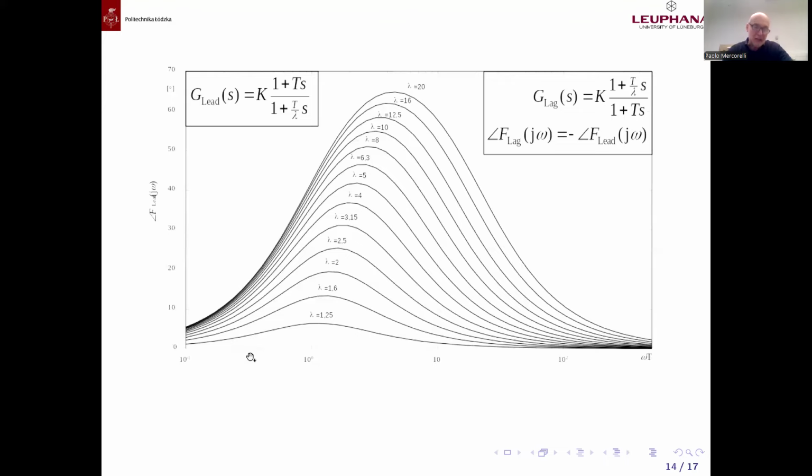The phase margin equal 60. This means I consider here the line 60. I will, for instance, take lambda equal, I don't know, between 12.5 and 16. I will consider the maximum point. Of course, I can consider also lambda equal 20.